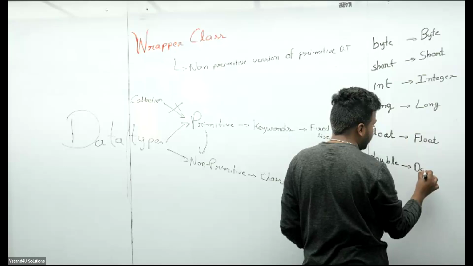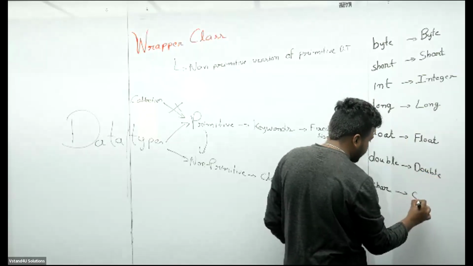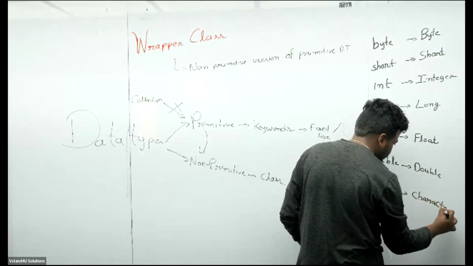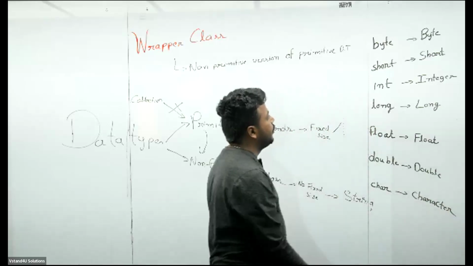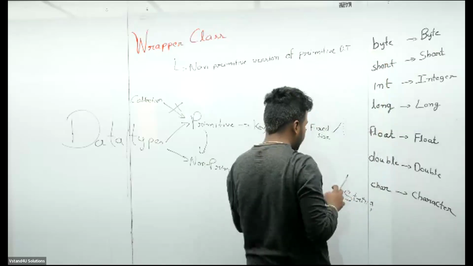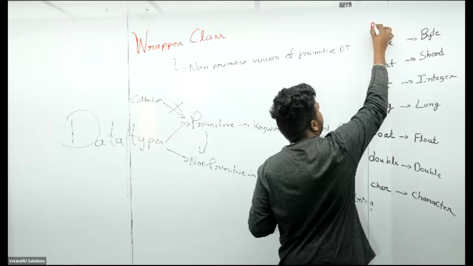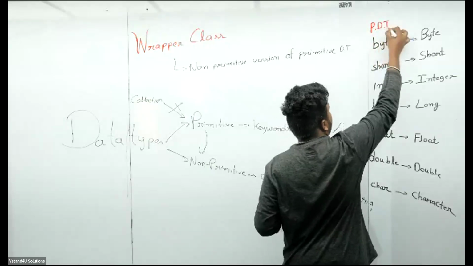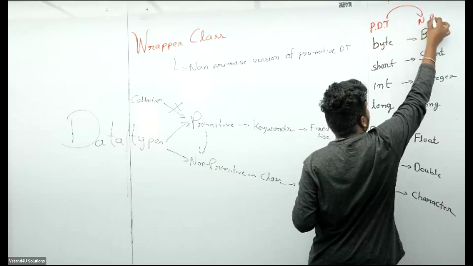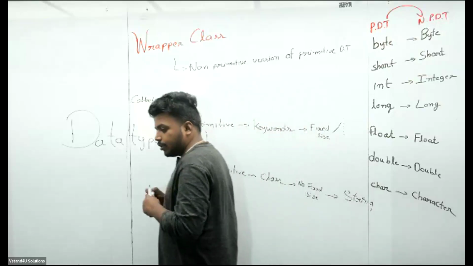What about char? We have to write Character. This is nothing but primitive data type in short form, converting into non-primitive data type.